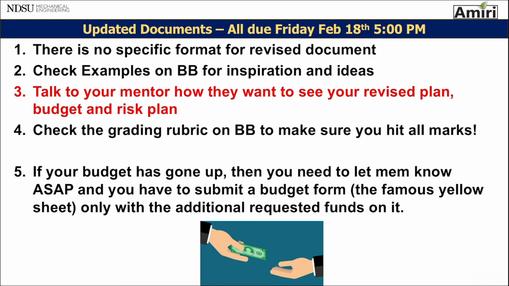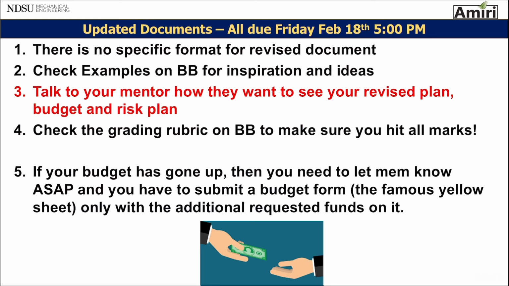If your budget has gone up since last semester and what you requested, let's say NASA team, you requested $3,000, you were granted $3,000, now your design is finalized, you start ordering parts, and you see that, oh, the shipping cost on this thing is much higher than we thought, so now you require $3,200.